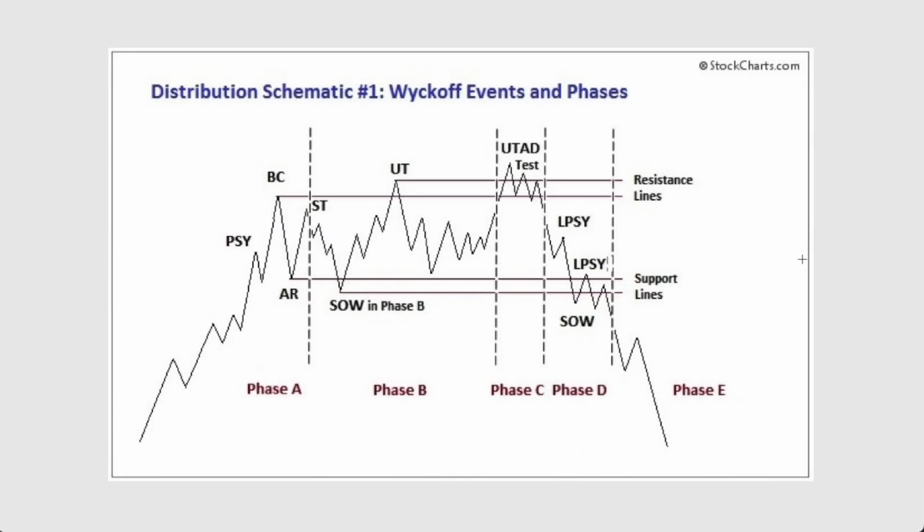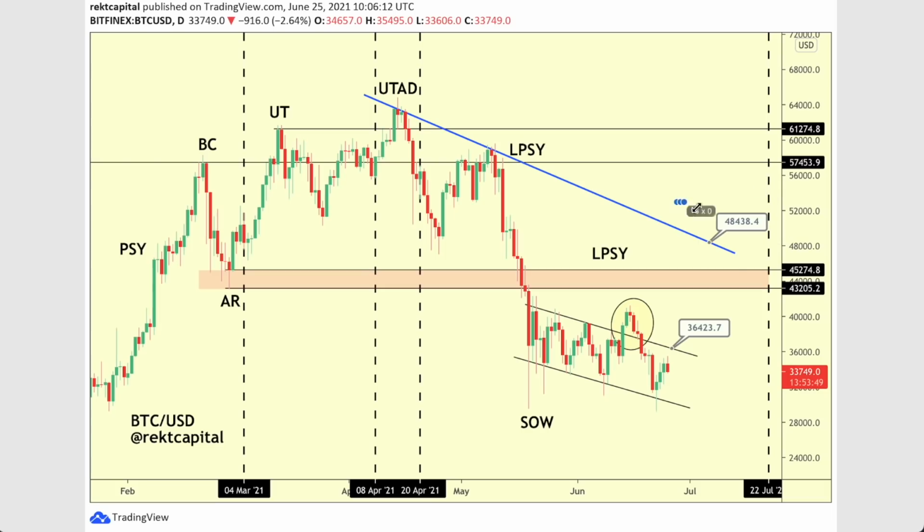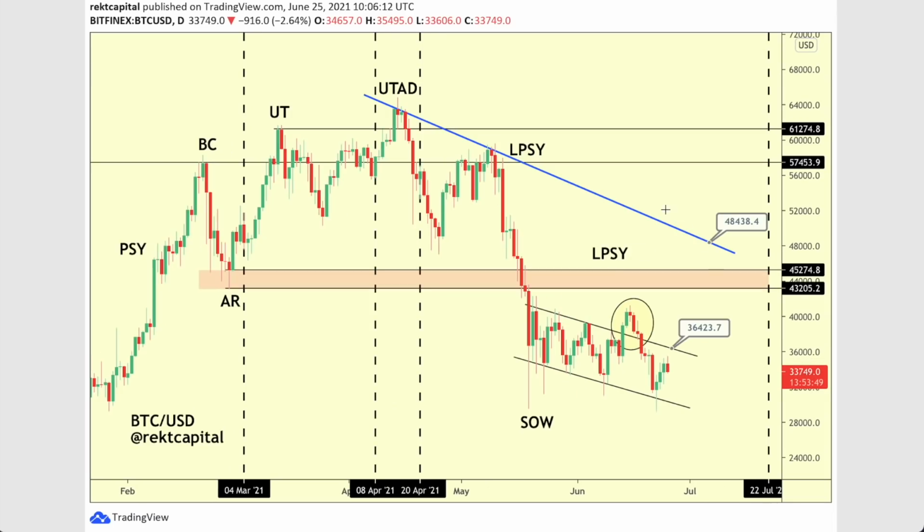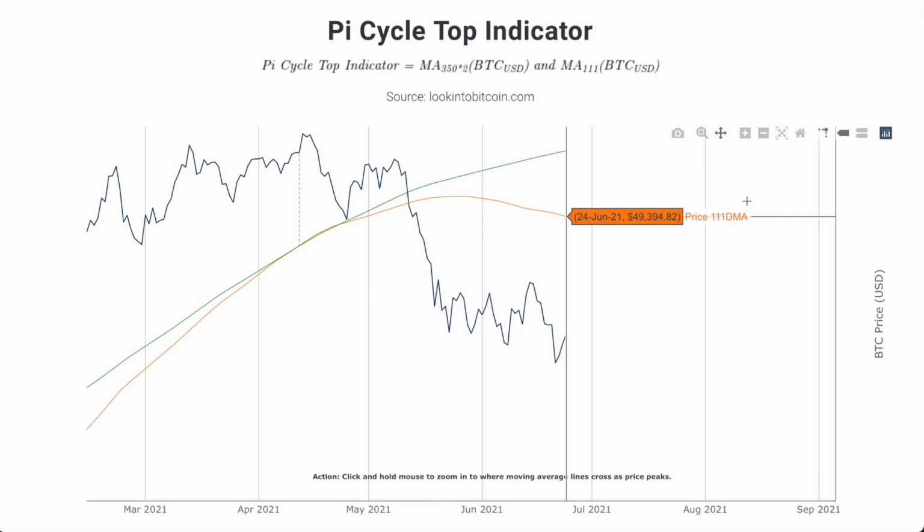And it's likely that it's going to be a resistance going forward here for Bitcoin. And it's going to be confluent with this diagonal trendline resistance right over here, even if we break past this macro distribution range. Because if we break past here, it invalidates this schematic, which is great. But the other thing to bear in mind is that we'd have a trendline resistance that would be confluent with this pi cycle top moving average, which would probably reject price, or even if we peak beyond it briefly and then lose it as we have in the past, we'd see some recovery, we'd see already some progression, right?